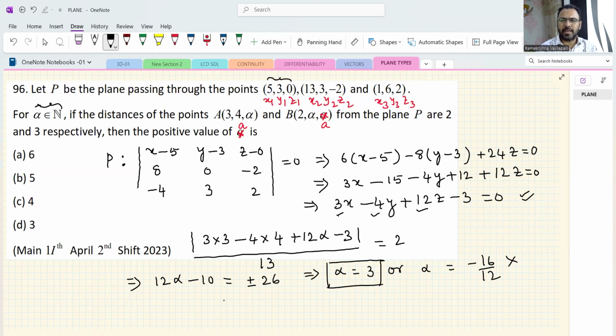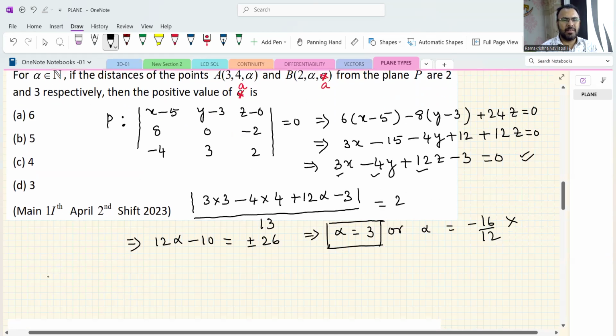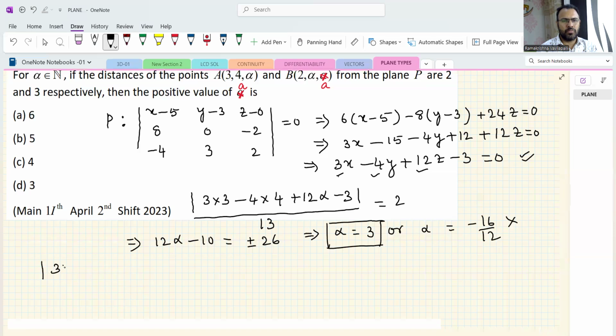Now the perpendicular distance from the point B. So modulus of, right, 3 into 2, substitute point B, minus 4 into alpha, plus 12A, minus 3, whole by 13 is equal to 3, as given. That's it. We'll get the answer straight away.